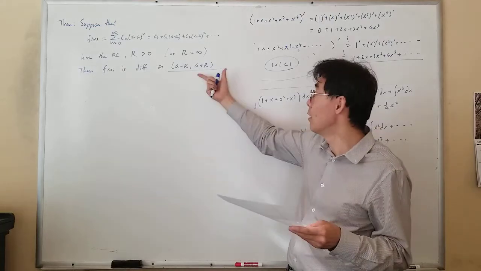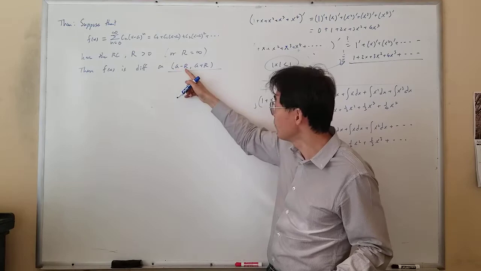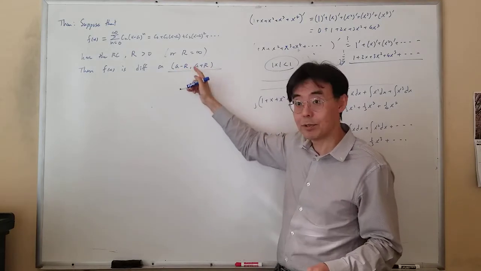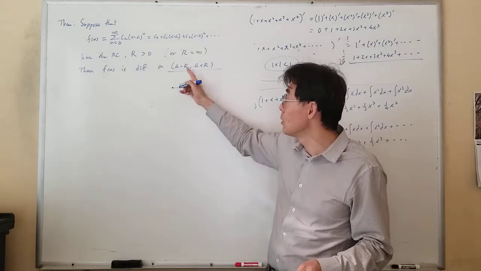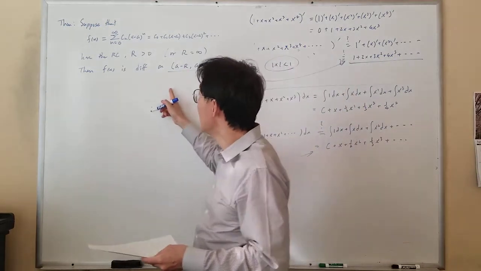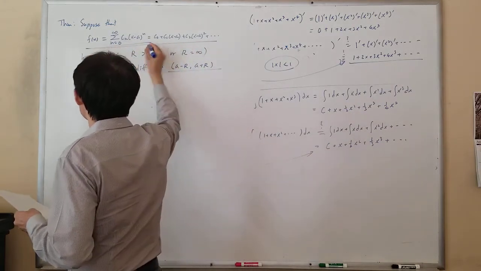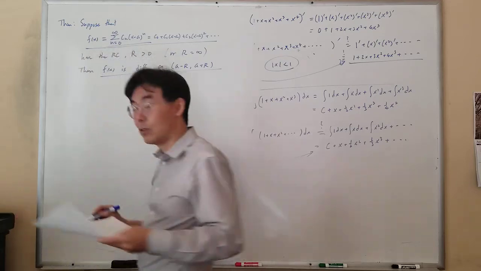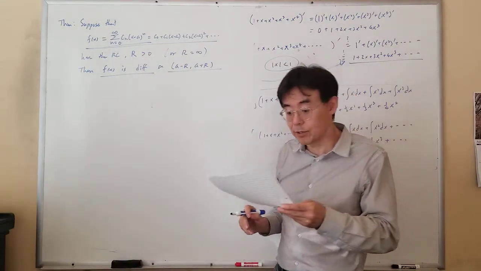The interior of the interval of convergence. The interval of convergence can have one or both of the endpoints, or maybe not. But anyway, differentiation is only done at interior points. So any function which has a power series representation is automatically differentiable in the interior of the interval of convergence.